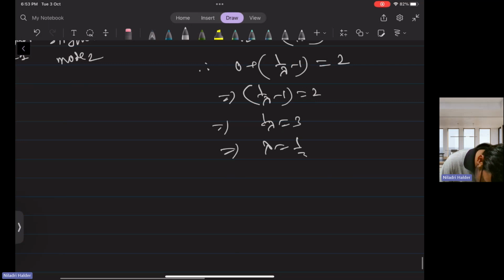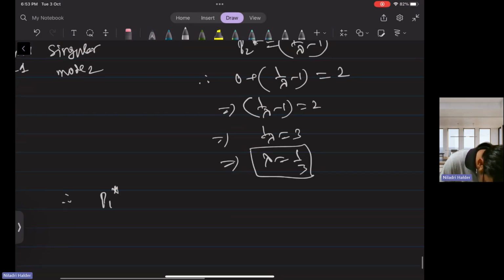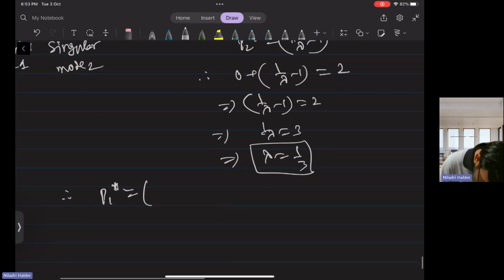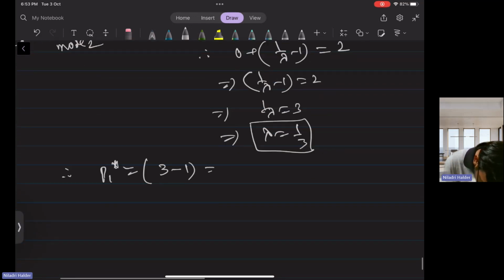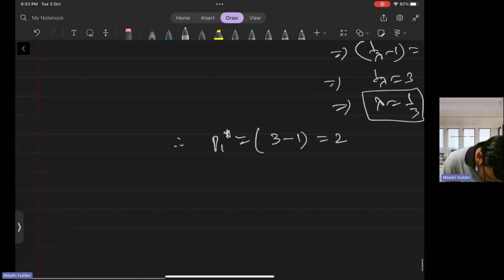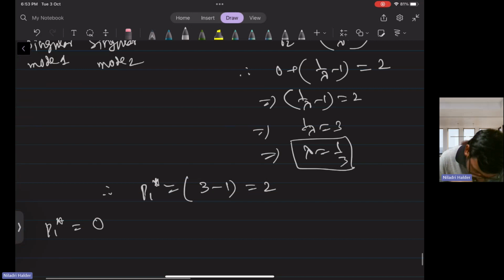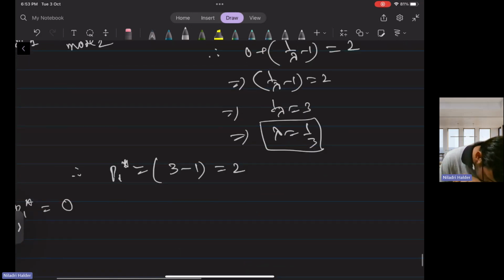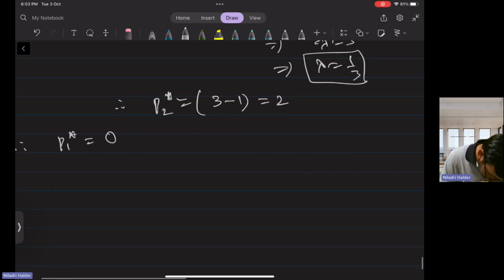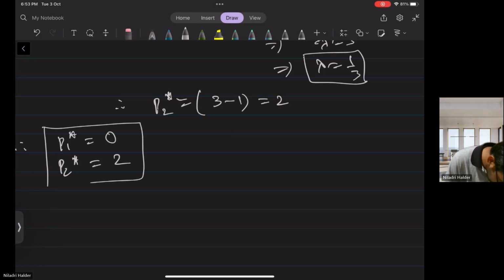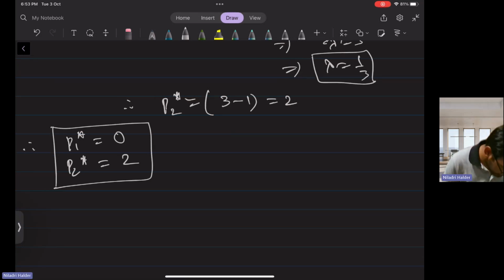So lambda is equal to 1 upon 3. So P2 star is equal to 3 minus 1, which is 2. So P1 star equals 0 and P2 star is equal to 2, all of the power, to maximize the capacity.